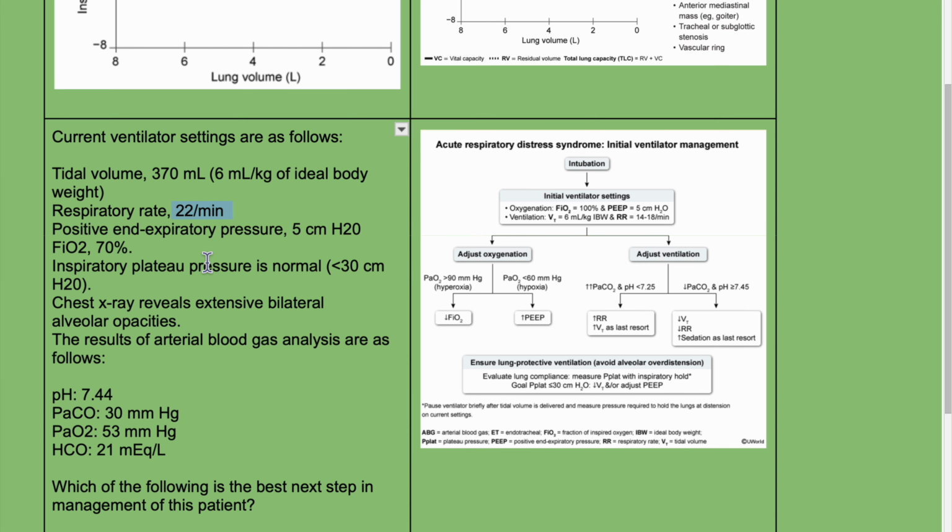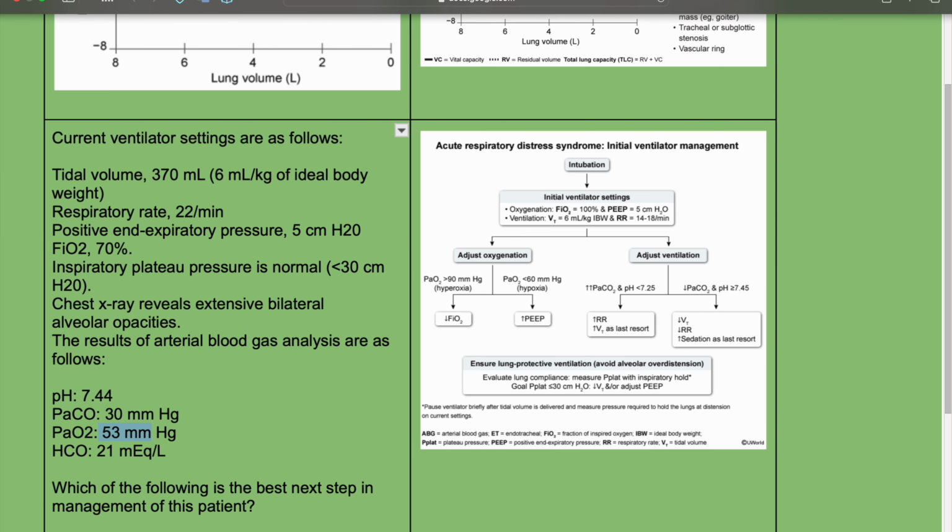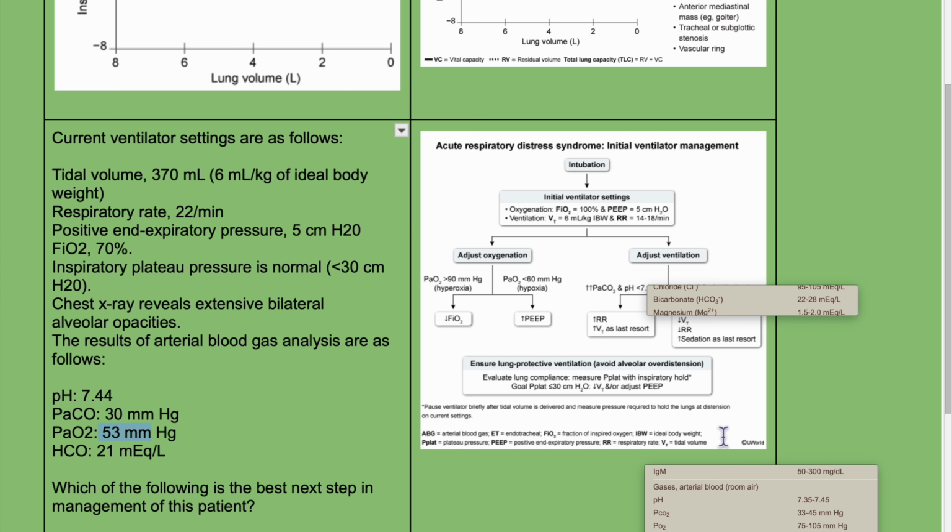22 per minute. But since this is low, right? PaO2 is, I believe, low. Let me get those stats for you. Okay, so we got this now. pH is in the normal range. PaCO2, however, is a little low.